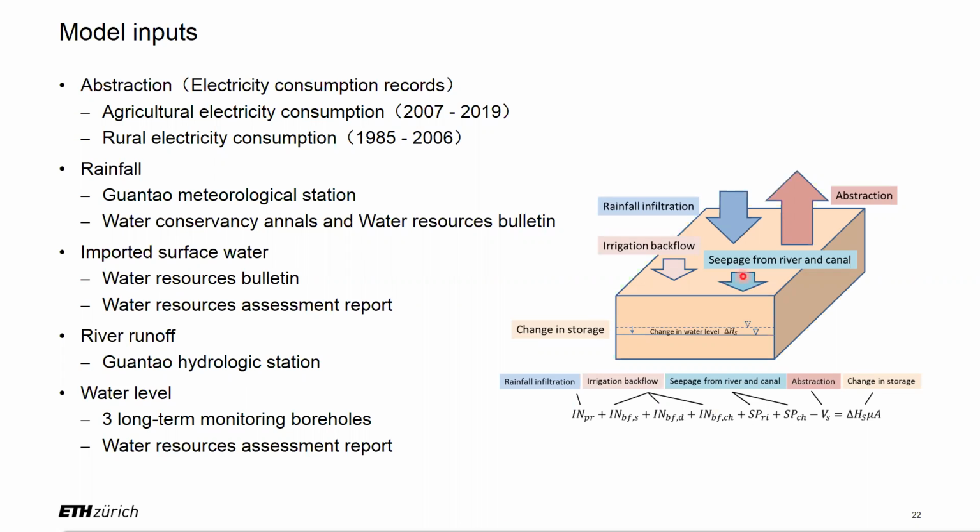So, this is the model inputs. For abstraction, we use the pumping electricity to estimate this abstraction.